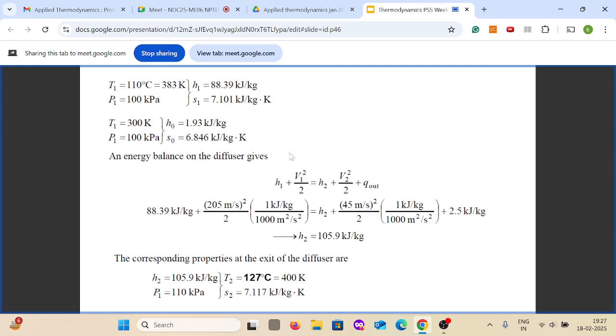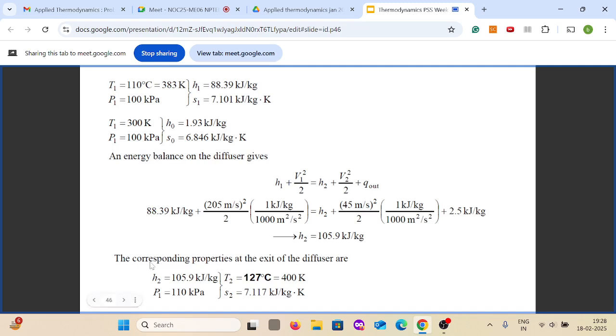Doing an energy balance across the diffuser, energy coming in equals energy going out. So h1 plus V1 square by 2, the kinetic energy, equals enthalpy of the outlet stream plus kinetic energy of the outlet plus heat rejected. Substituting all the values, I can find the enthalpy at the exit, which is 105.9 kilojoule per kg.